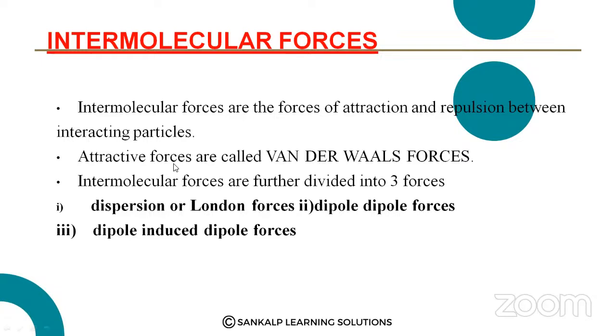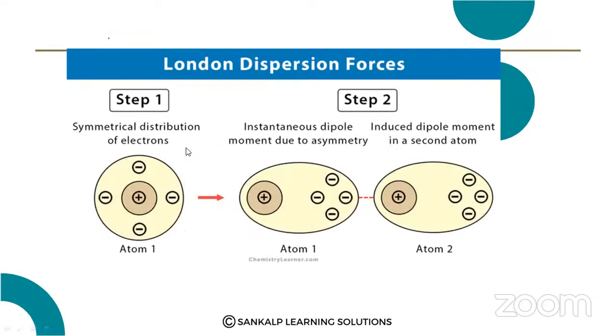The attractive forces are called van der Waals forces. These intermolecular forces are further divided into three forces: dispersion, or London forces, then dipole-dipole forces, and the third, dipole-induced dipole forces. We'll see each force separately.